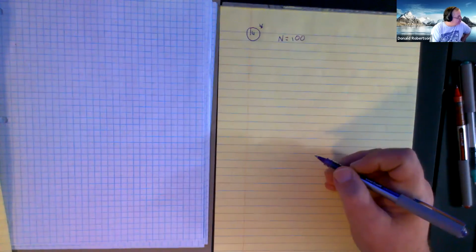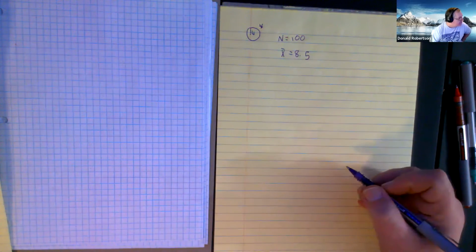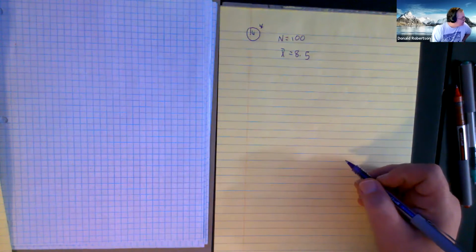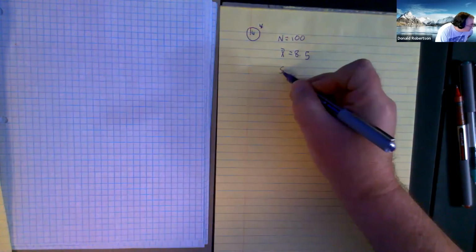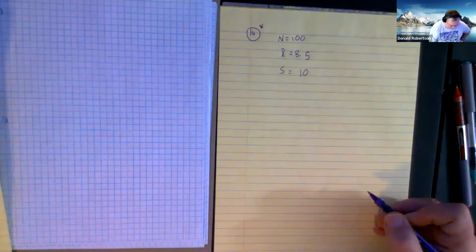So I finally got a number I can write down. Sample size is 100. And on average, their phone calls were 8.5 minutes, and their standard deviation was 10 minutes. Got a big variation there.